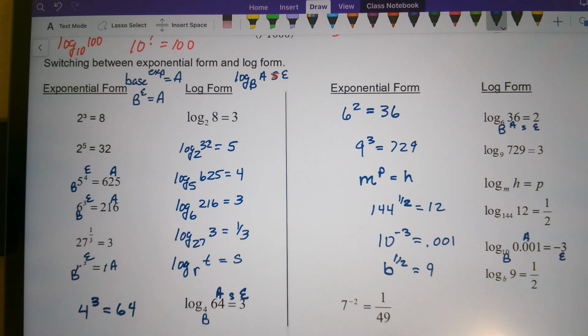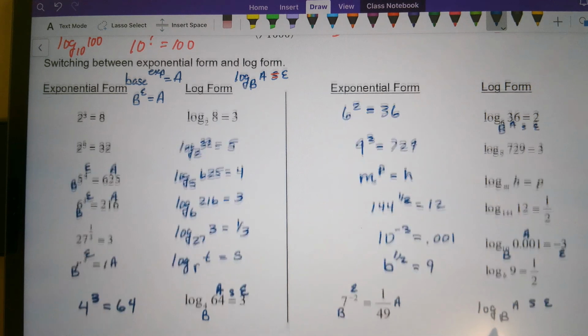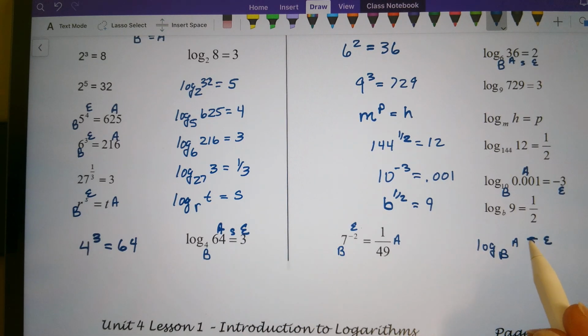And the last one, exponential form. 7 is our base, -2 is our exponent, and 1/49 is our answer. So we want to spell out log base, and the base is a subscript, and S stands for equals. So this is equivalent to log base 7 of 1/49 equals -2.